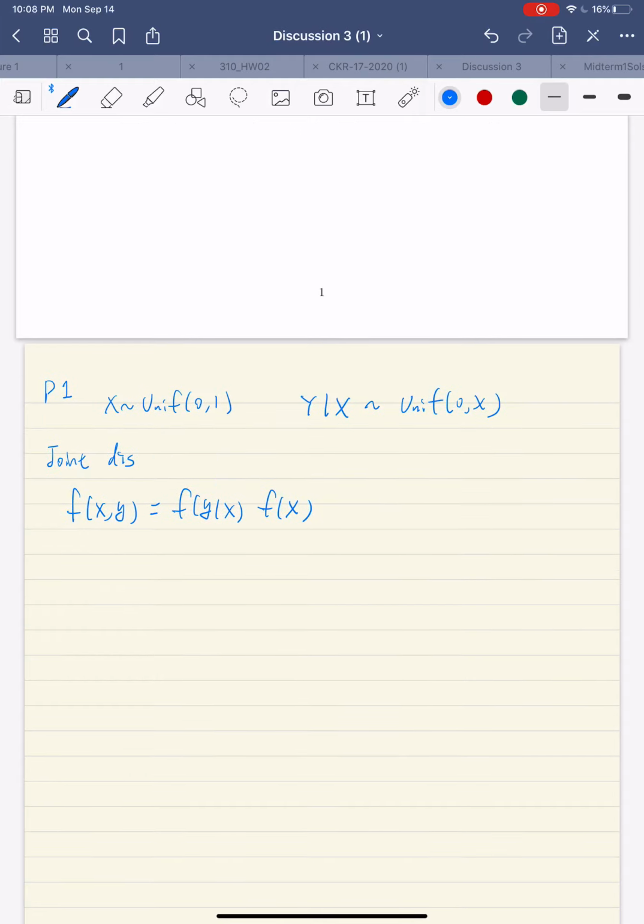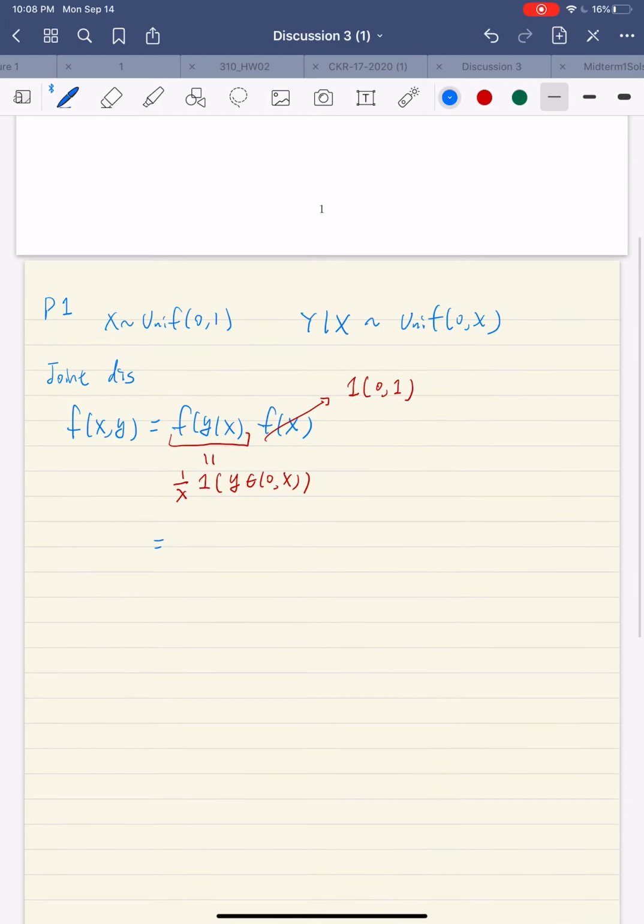We know this one is the indicator function from 0 to 1, and from the definition we know the conditional is 1 over x times the indicator function of y belonging to 0 to x.